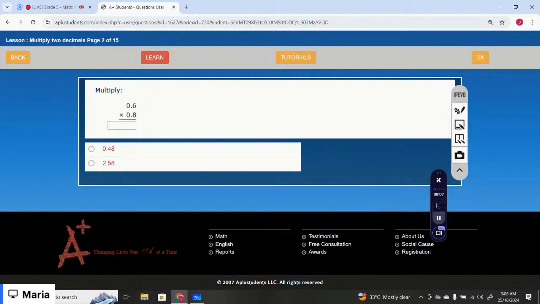Option number 1 is the correct option, right? 0.6 times 0.8, so 6 times 8 is 48. So answer must have two decimal places, so that is 0.48. Option number 1 is the correct option.